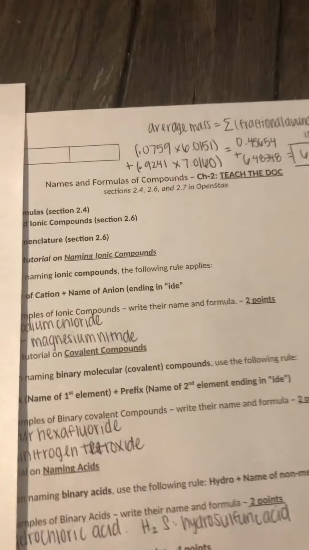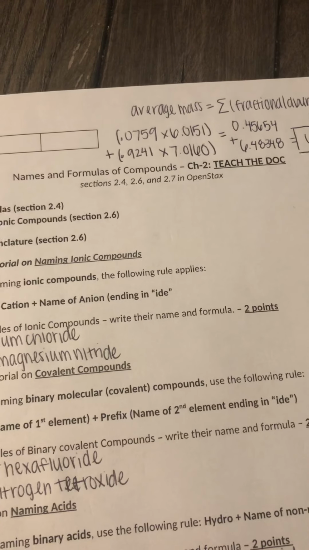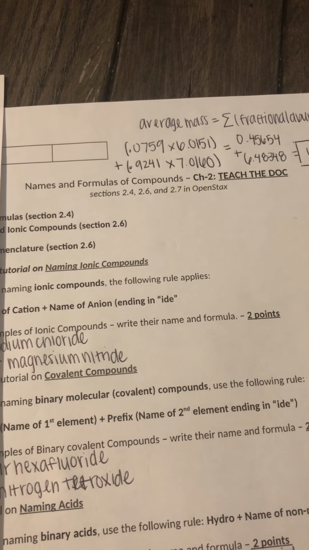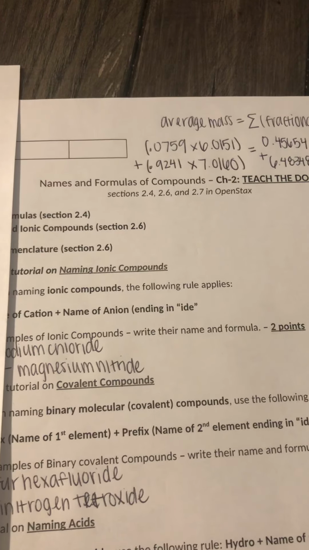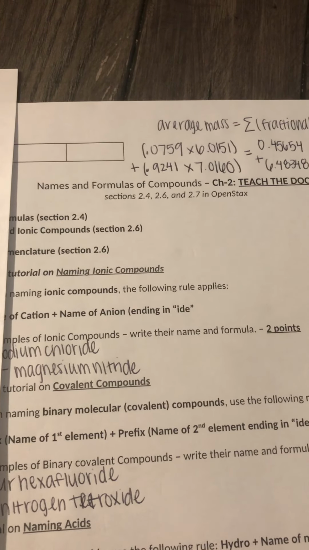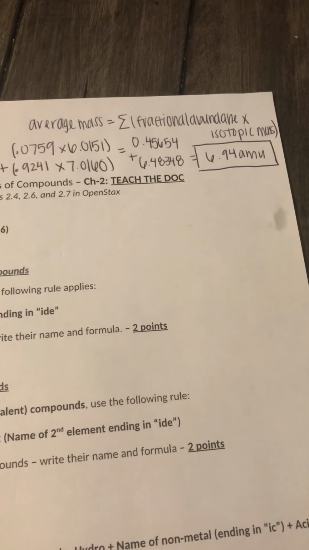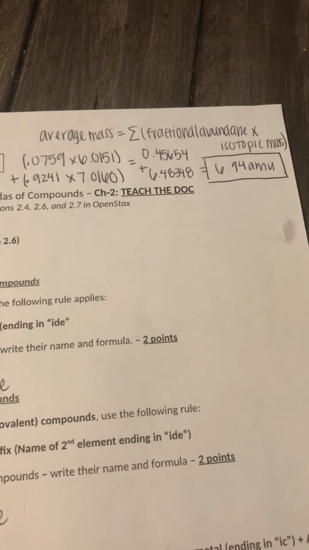So I just made the percentages into decimals, so 0.0759 times the mass, which is 6.0151, and then again the percentage decimal is 0.9241 times the mass of 7.0160. So doing that math together got us to an atomic mass of 6.94.